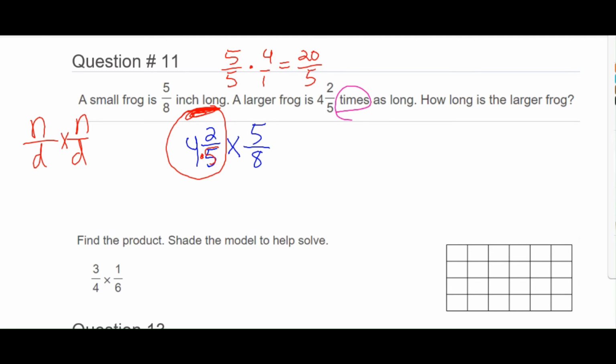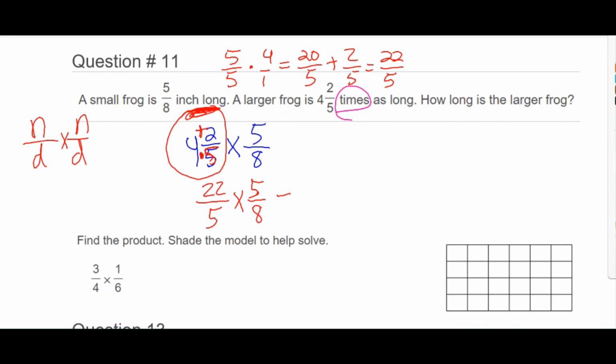So I multiply my 5 times my 4, which is 20, and then I add 2. So that's 22/5. So if I add 2/5 right here, you get 22/5. Same thing. Multiply the denominator times the whole number, and then add the numerator to get 22. And then we multiply that by 5/8.